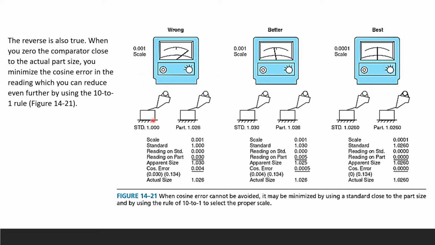Here when you take a look at it, your standard is 1.000, your part is 1.026, your scale is a 0.001 scale. This is the same scale, and that's 0.00001 scales, a bit higher.